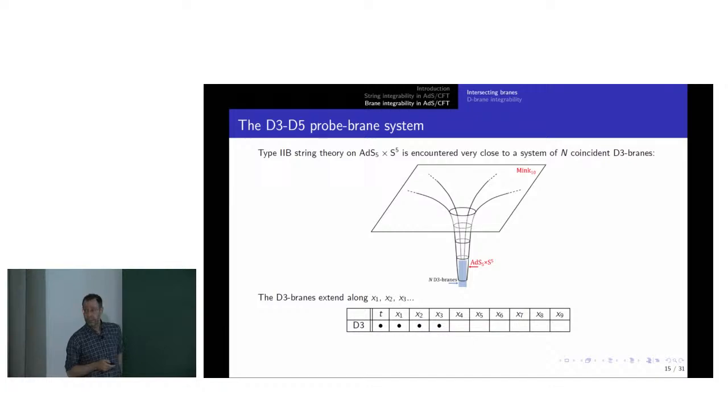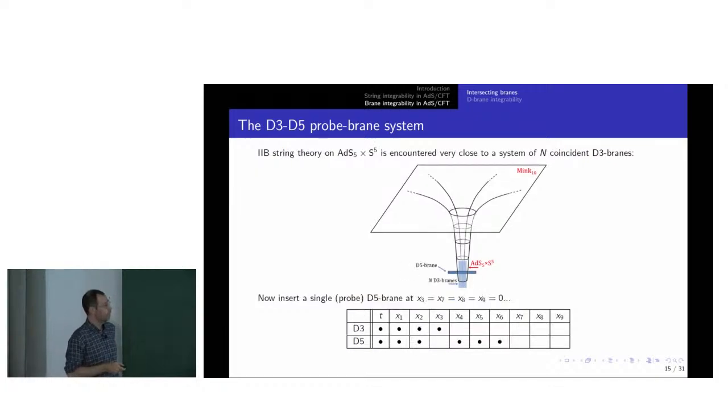Now what Karch and Randall did was insert a D5 brane at the point x3, x7, 8, 9 equal to 0. Of course, this is the flat configuration, but it is very illustrative of what I want to say. One can show that the geometry of this probe brane, a single D brane intersecting the D3 branes, or equivalently, a D5 brane inside AdS5 cross S5, will have a geometry of AdS4 cross S2.